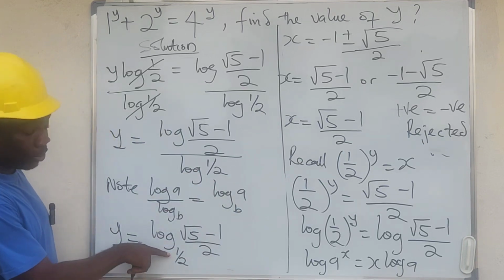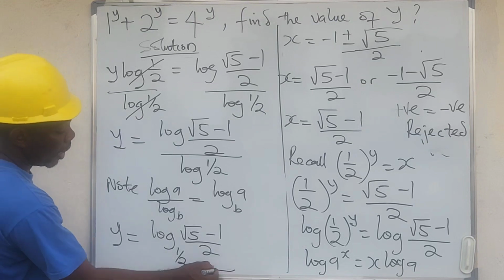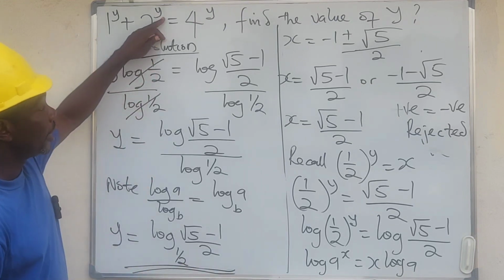So this is what we have. This is base 1 over 2. So this is the value of our y from this expression.